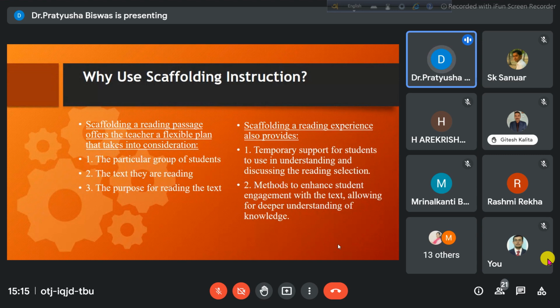Now, if you see that the child is more or less exposed and is able to handle the preferred reading text that you have shared with him, you will try to raise the bar by giving them slightly better reading contents in terms of the difficulty level. Now, the difficulty level is something that you need to understand and you need to take the call as a teacher.